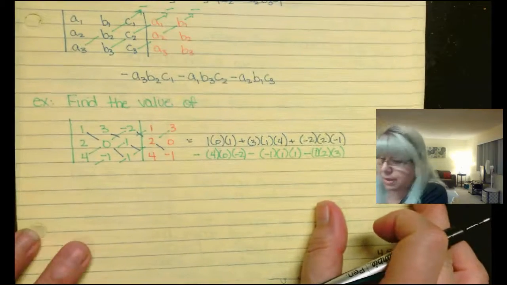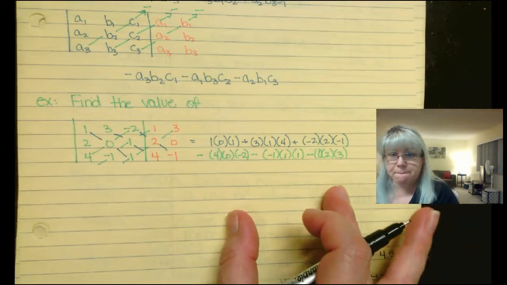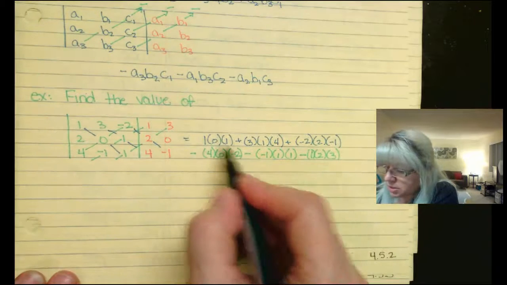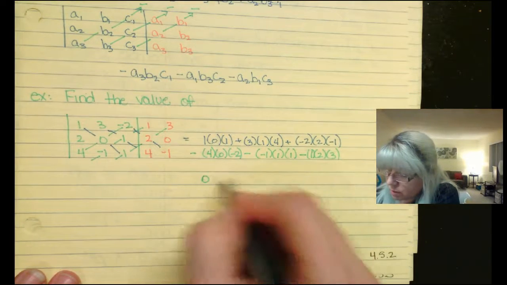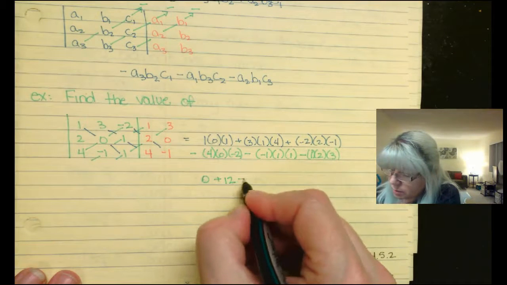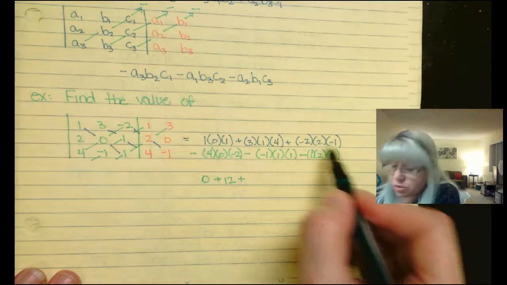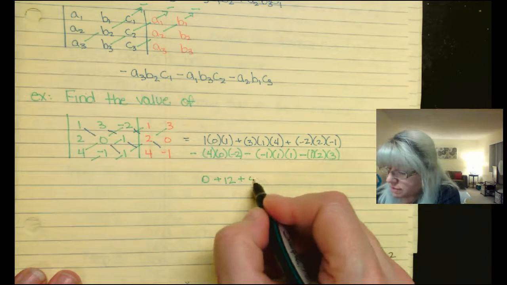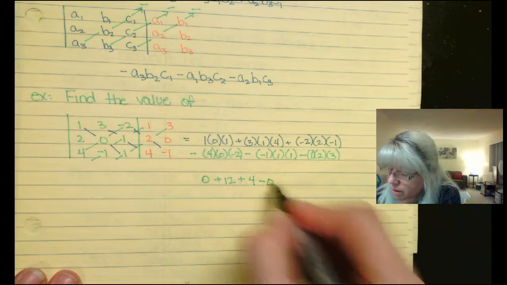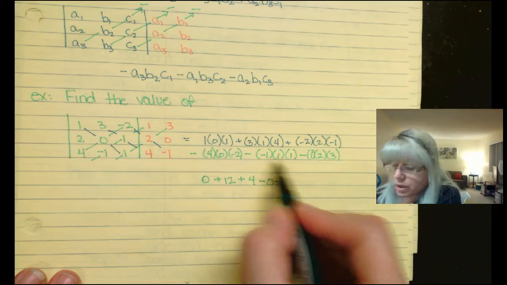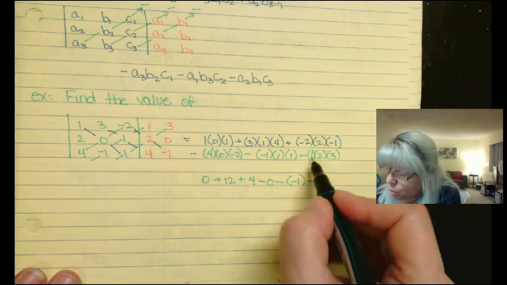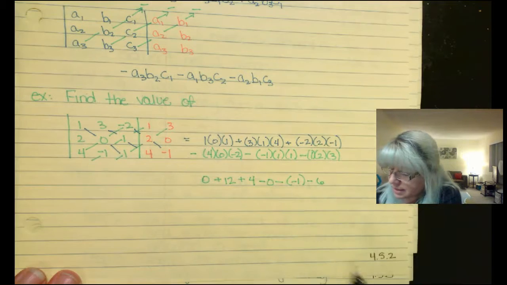Okay, so let's do the math now. All right, 1 times 0 times 1 is 0, plus 3 times 1 times 4 is 12, plus negative 2 times 2 times negative 1 is positive 4, minus 4 times 0 times negative 2 is 0, minus negative 1 times 1 times 1 is negative 1, and subtract 1 times 2 times 3 is 6.